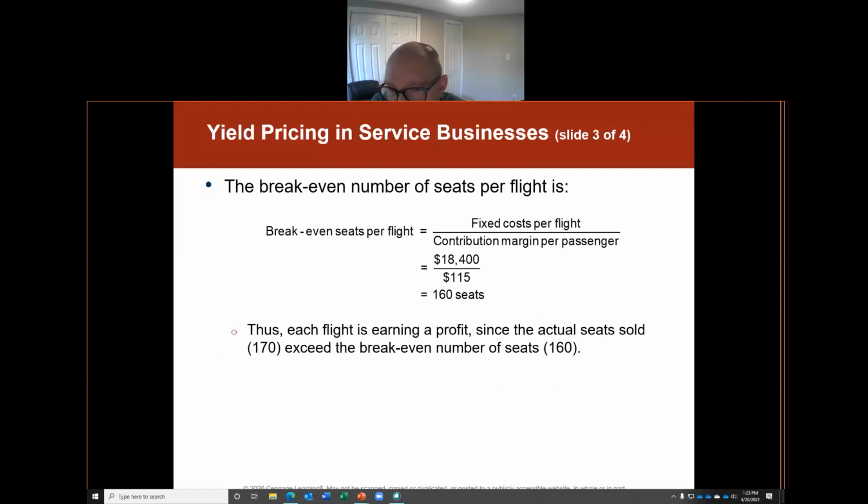What is my break even for this plane? How many seats do I need to sell to break even? My fixed cost per flight is $18,400. My contribution margin per passenger is 115. I need to sell 160 seats on this 200 passenger flight to break even.